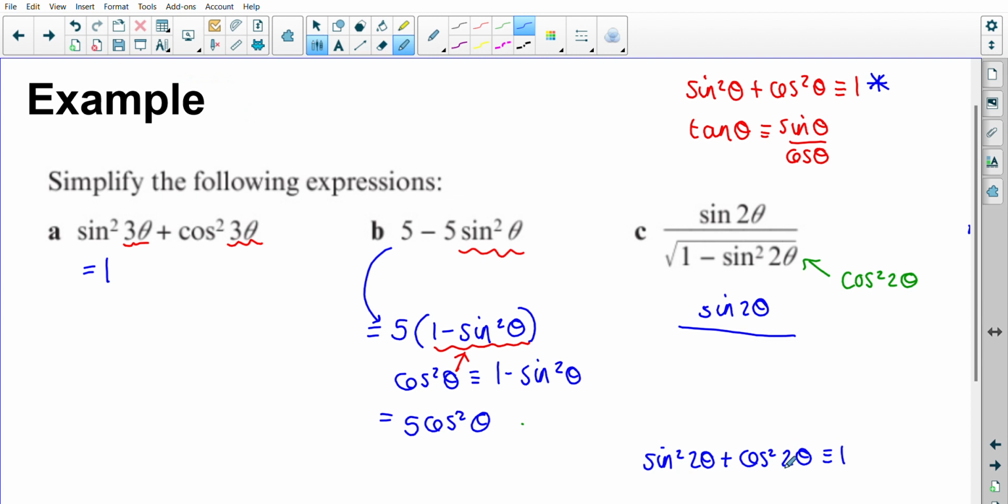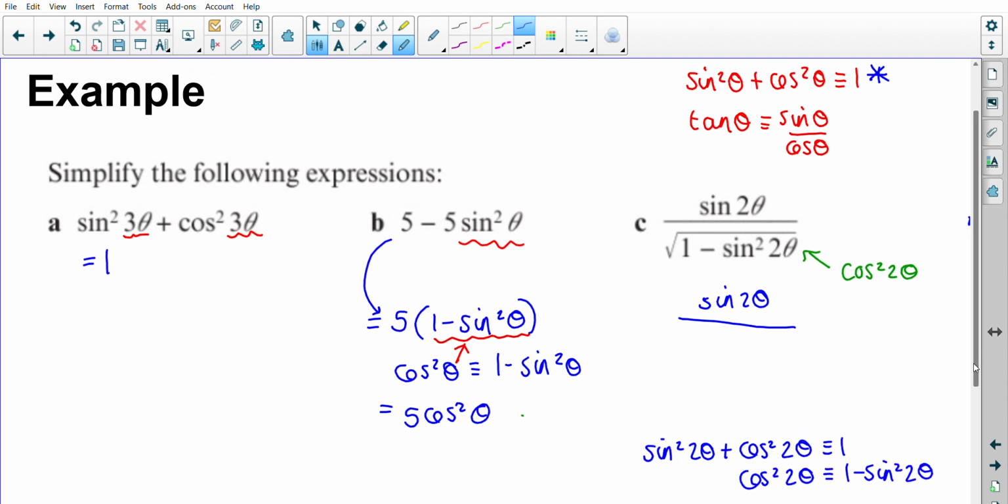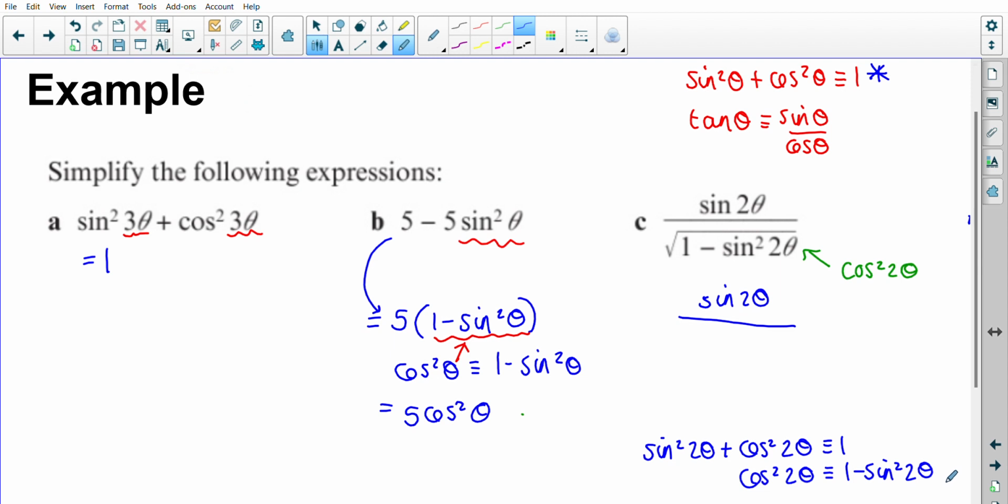Then if I rearrange, cos squared 2 theta equals 1 minus sine squared 2 theta. So this cos squared 2 theta I can replace with what's there. So I will say it's equal to the square root of cos squared 2 theta.